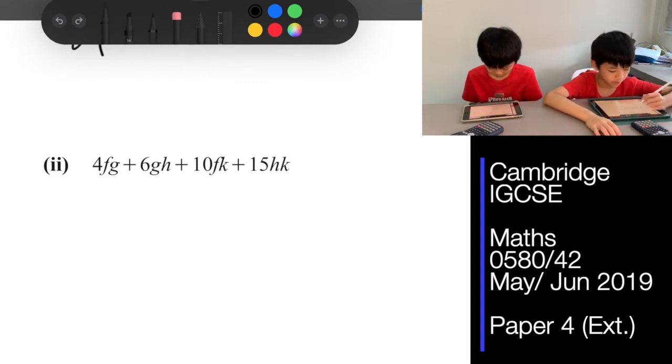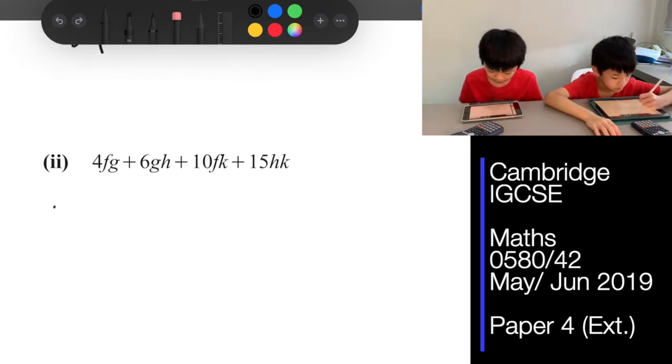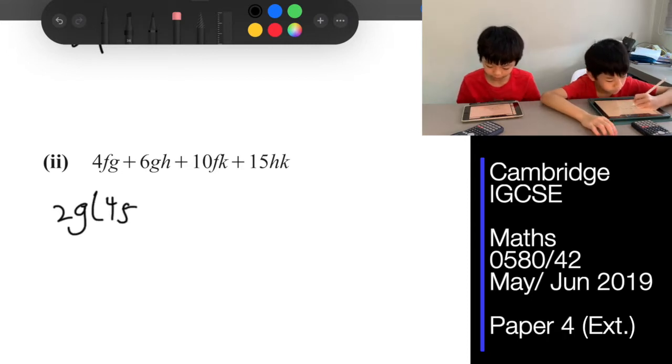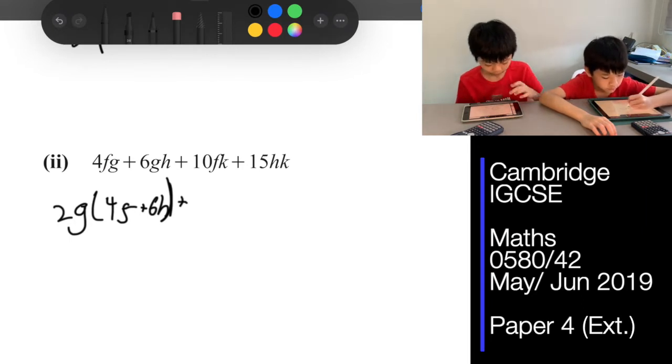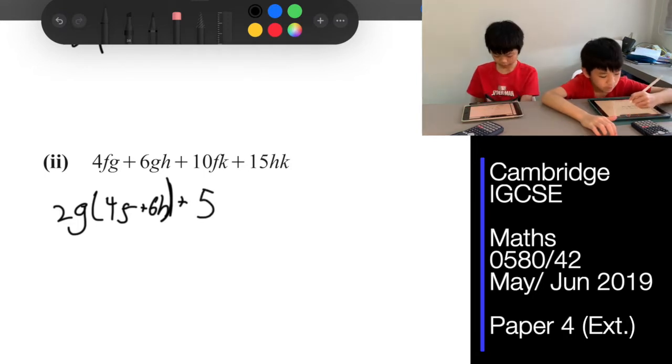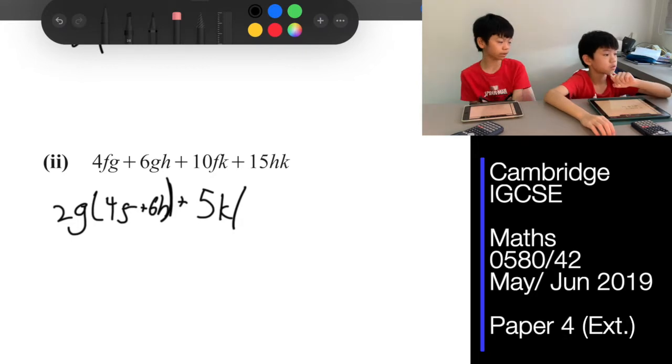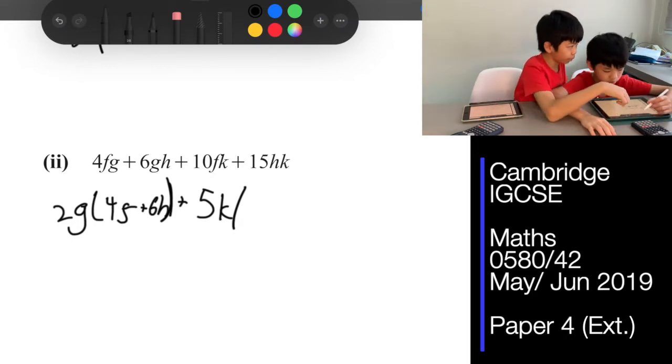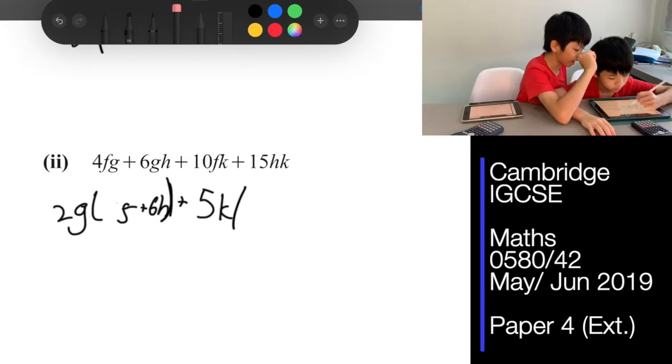Firstly, we factorize 4 and 6, which gives 2g, times 4f plus 6h, and then plus 10 and 15, which can be divided by 5, so 2f plus 3h.